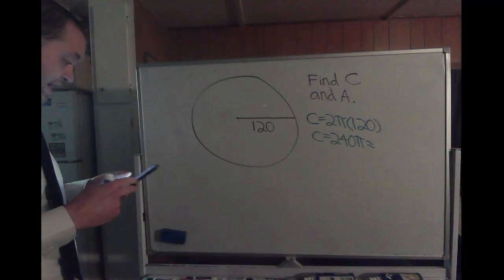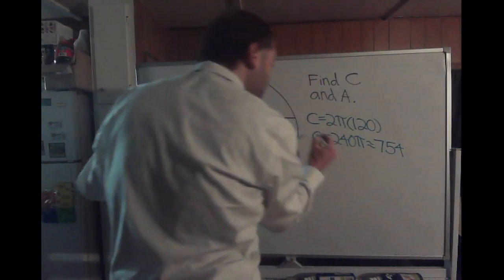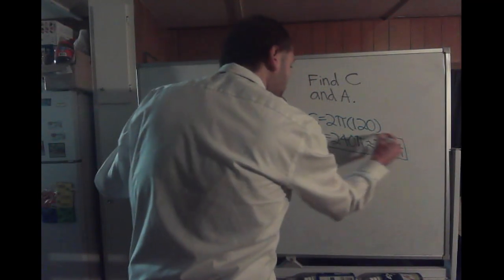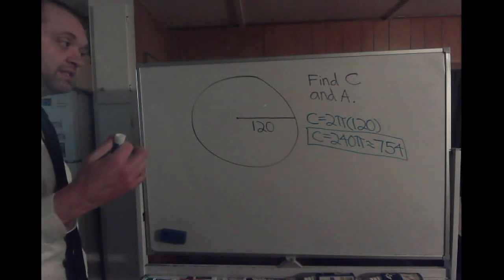Let's go ahead and do that, which would give you about 754 units. So the circumference of this circle would be exactly 240 pi, or approximately 754 units.